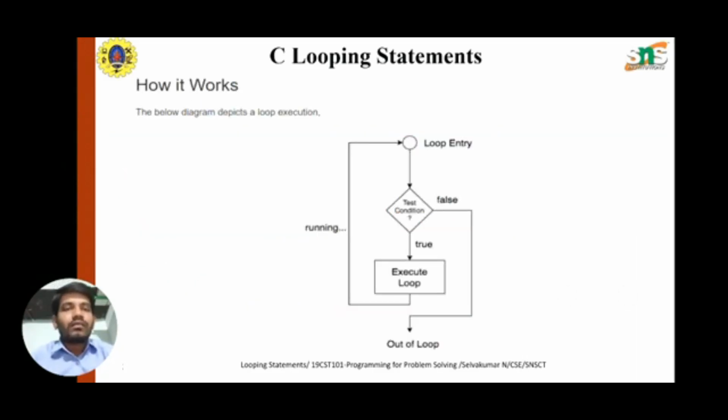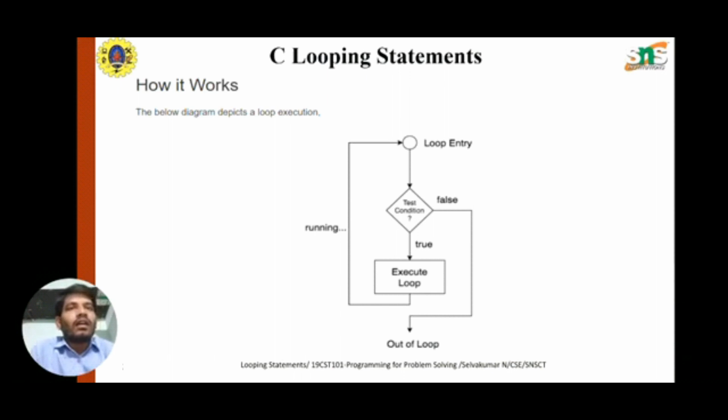So this is a flow diagram of how looping works in a C program. First is the loop entry. Next it checks the condition. If the condition is true, it executes the loop again, until the condition is false. If we just need to print the first five digits, we initialize the initial value i equal to 0 and the ending value i equal to 5.